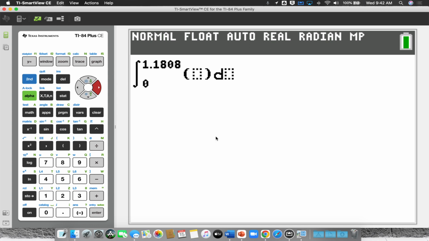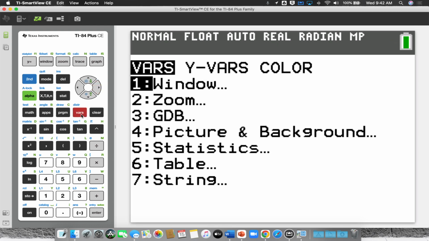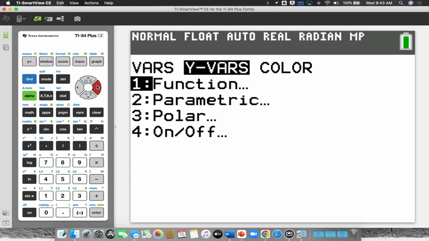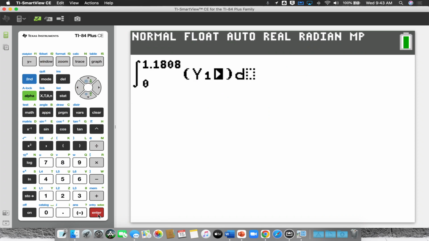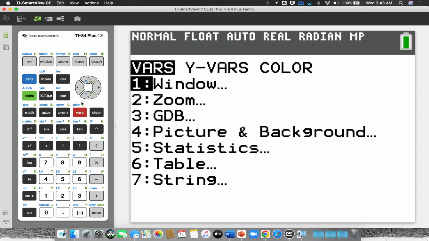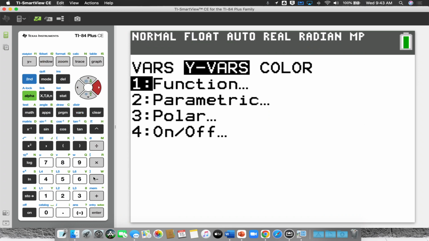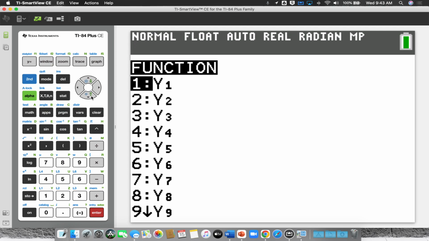And then I'm going to use my little trick, right? F is Y1. That's the one I want to go first. So my little trick is vars, Y-vars, give me all the functions, I want Y1. Minus vars, Y-vars, function Y2.